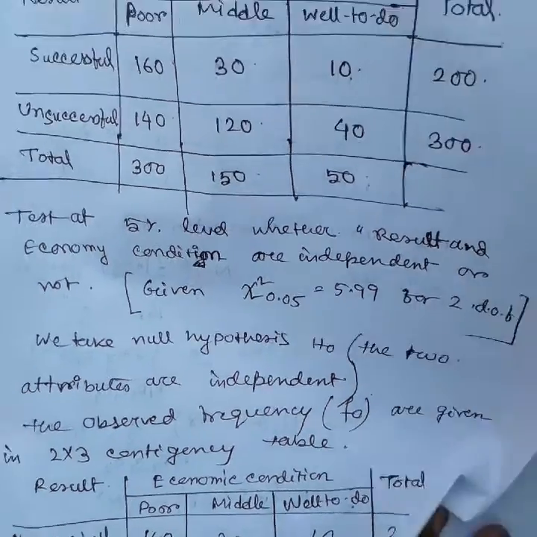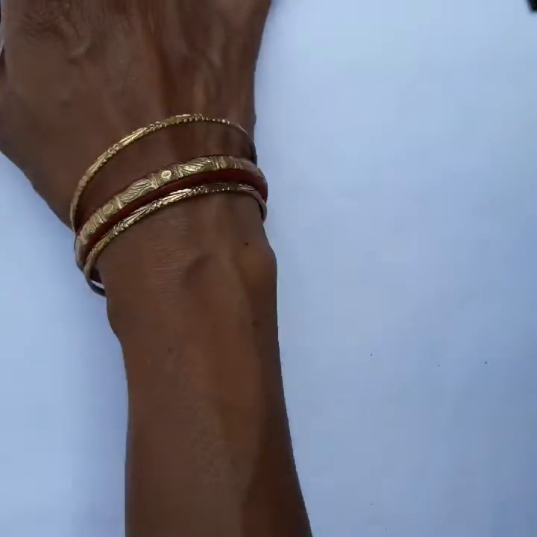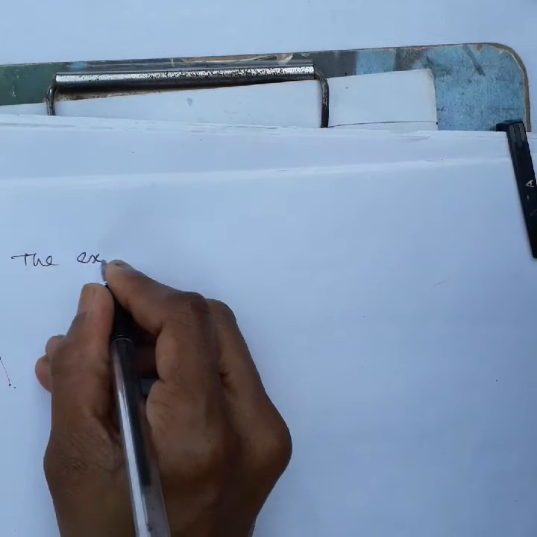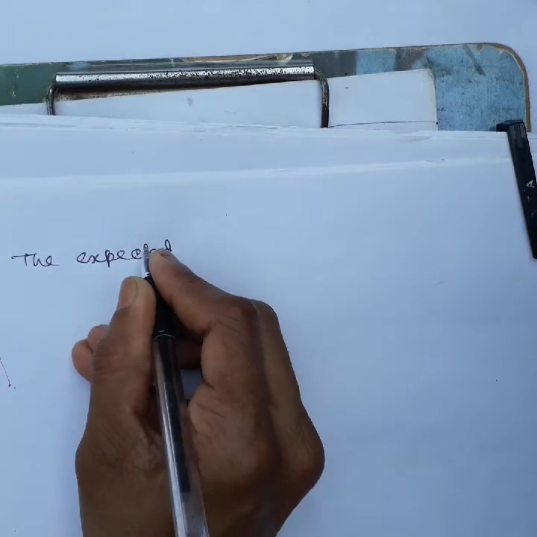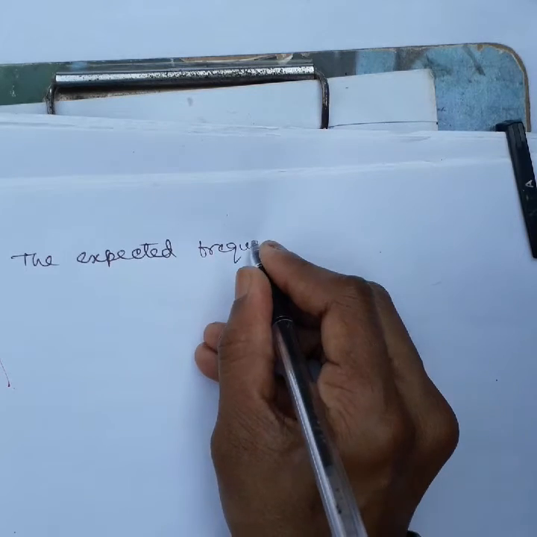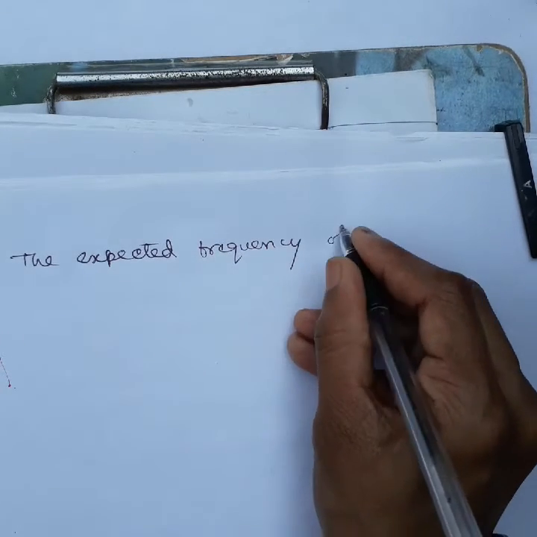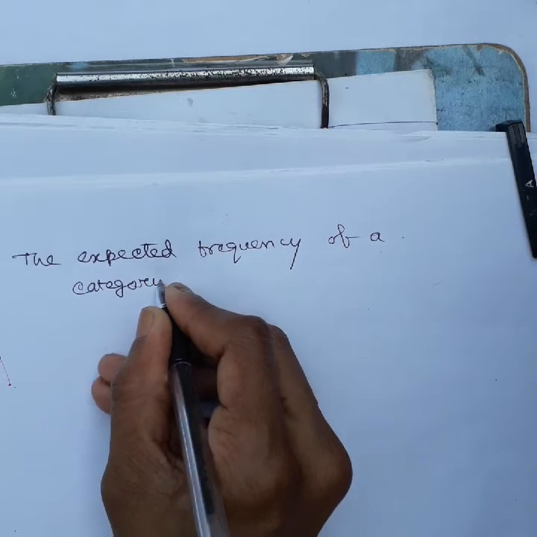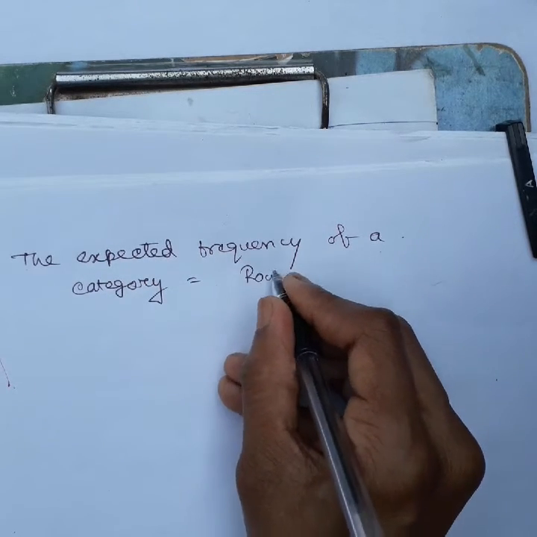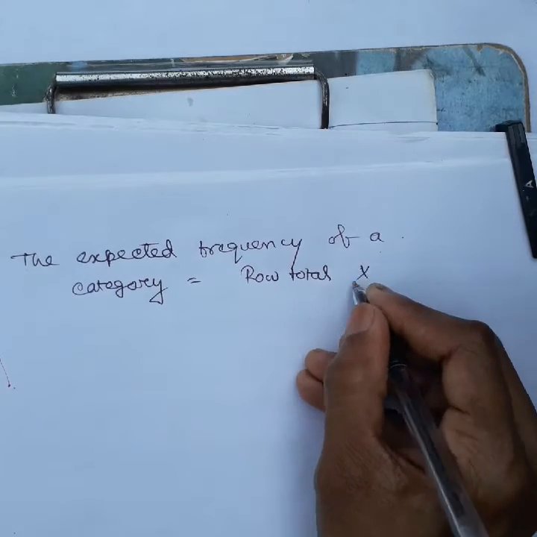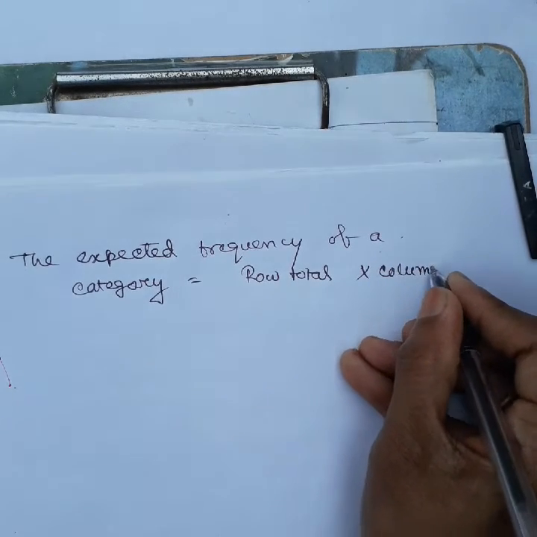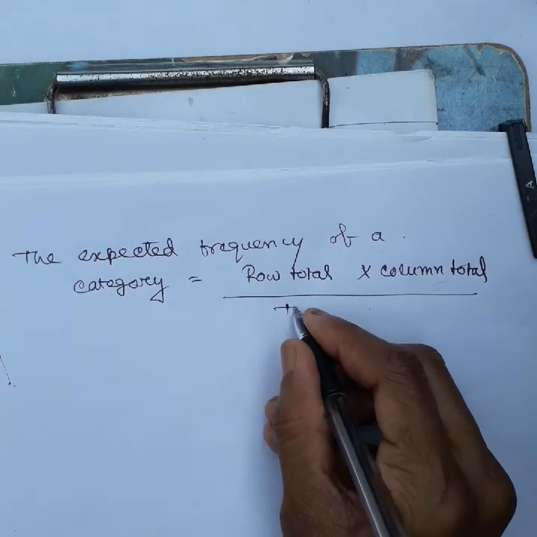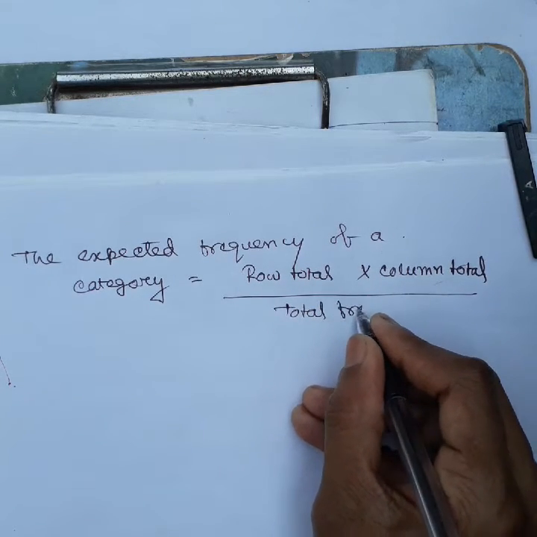So the expected frequency of a category is equal to row total into column total by total frequency.